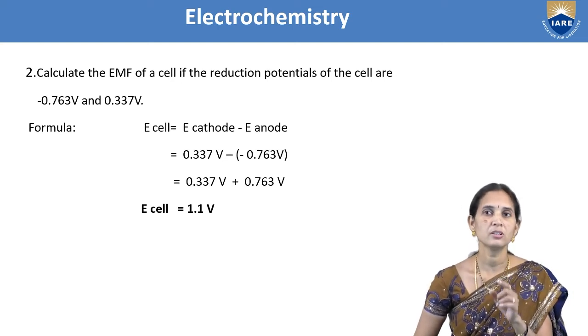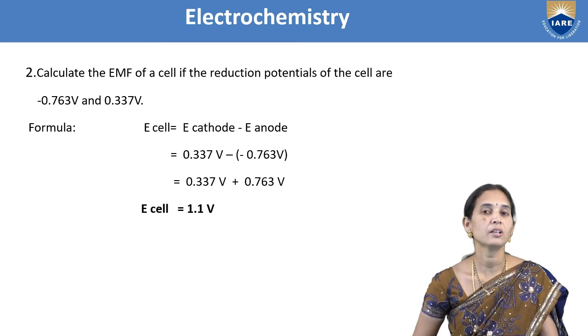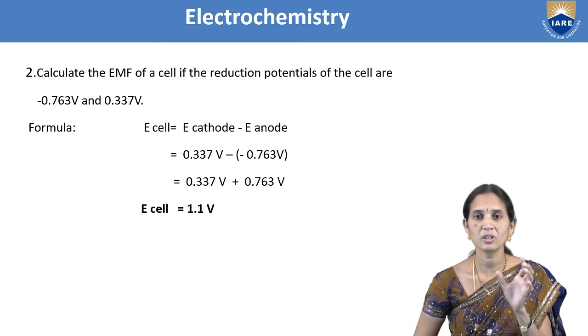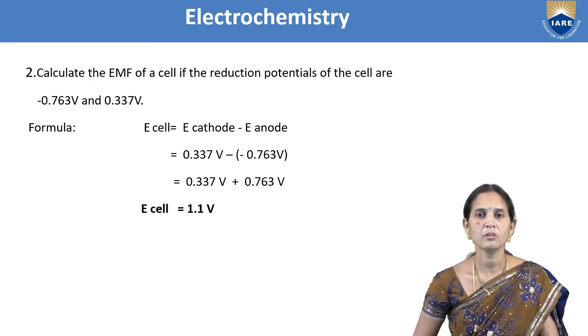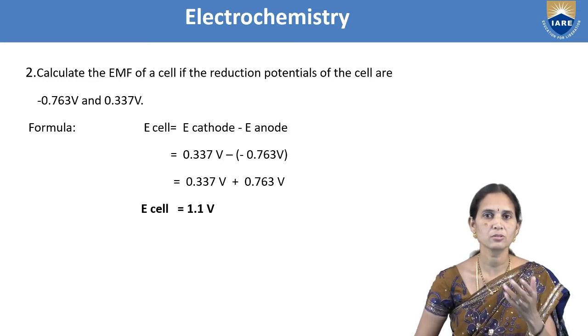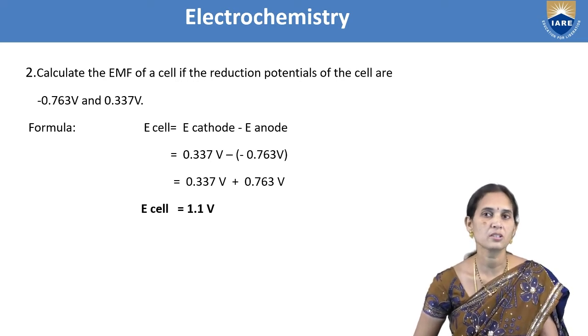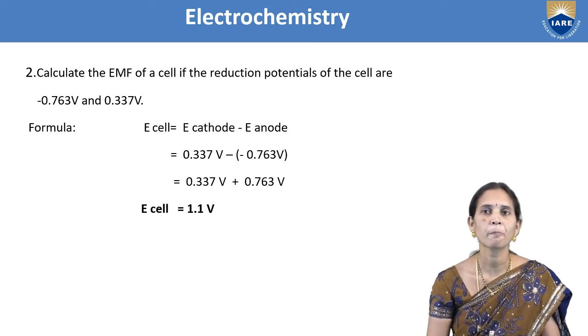So in this problem, the reduction potentials of the electrodes are given. The cell contains an anode and a cathode, two electrodes. They have given two values here, minus 0.763 volt and 0.337 volt. Now we will apply the formula, E cell is equal to E cathode minus E anode.